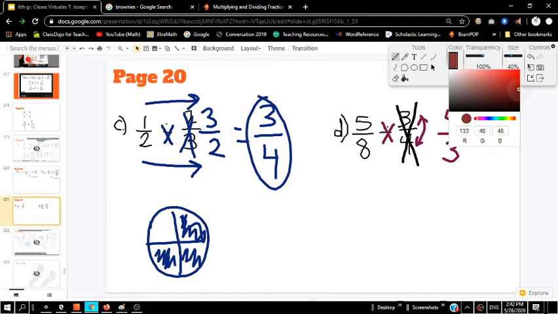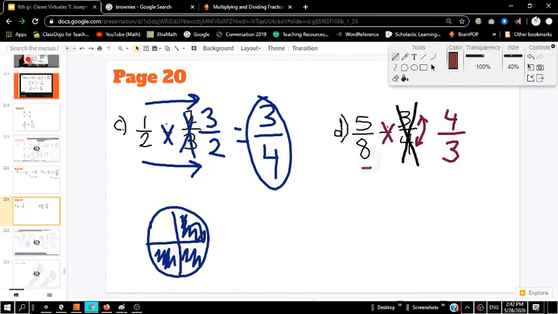We sure can. If we divide 8 by 4 and divide 4 by 4, we're left with 5 times 1 over 2 times 3.